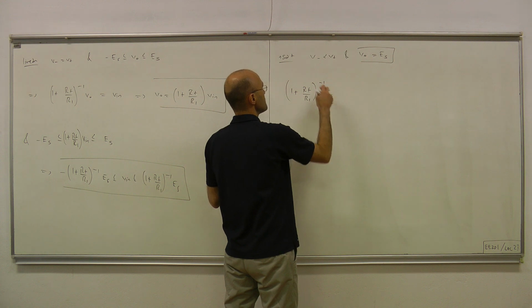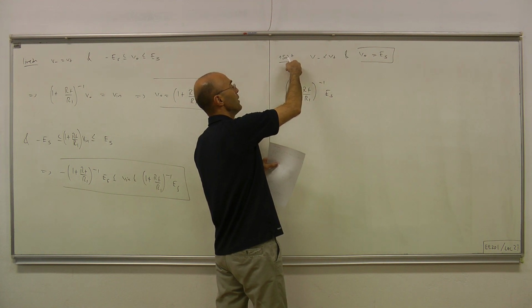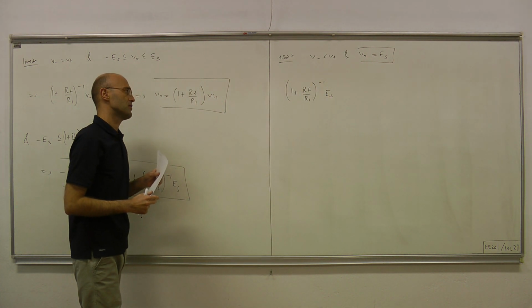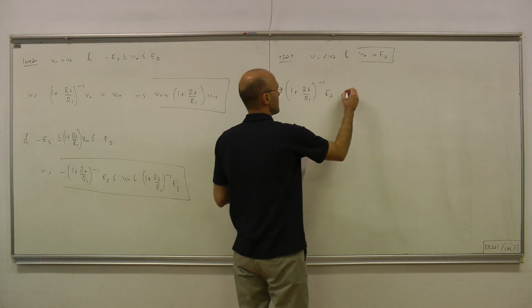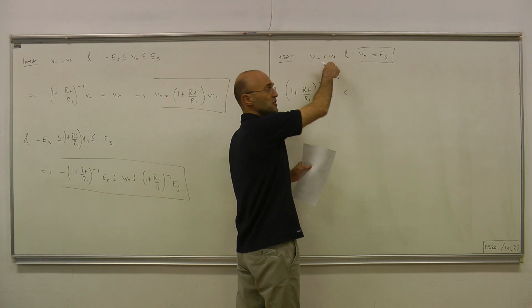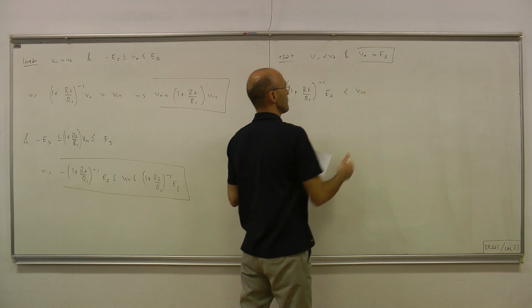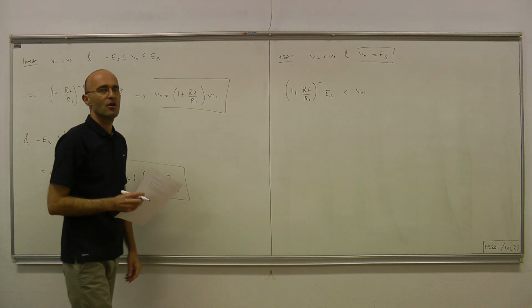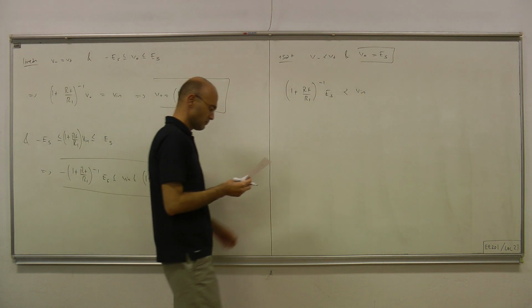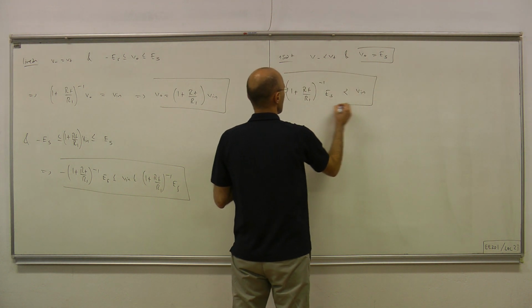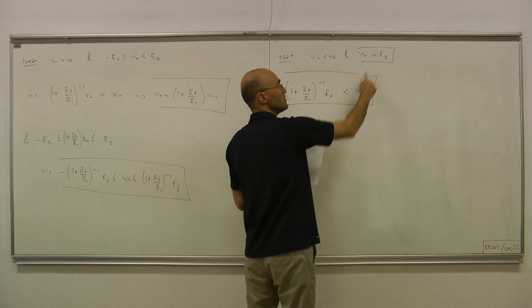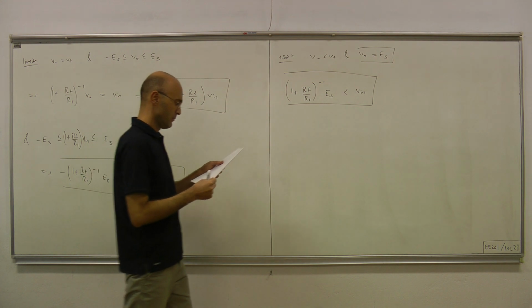Therefore, (1 plus RF over R1) inverse times ES is what V minus is when the op-amp is in the positive saturation region. And that is less than V plus, and V plus is V in at all times, and that's our conditional input voltage under which the op-amp is in positive saturation region.